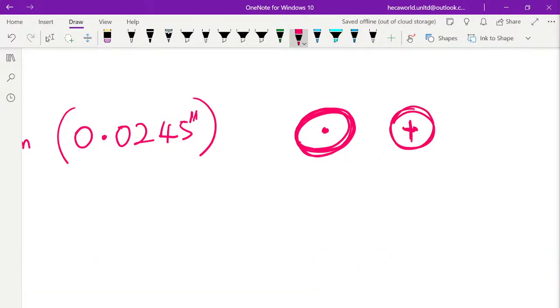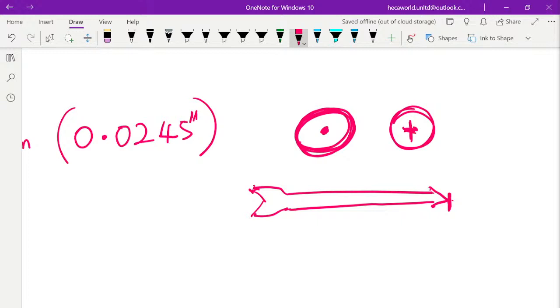If I have an arrow going this way, the tip, the pointed side, will be here, and the opposite end will look like a plus sign. So I'm looking into the coil this way, and out from the other side of the coil will be that. One of them will be the north pole and one the south pole if I apply current through it.